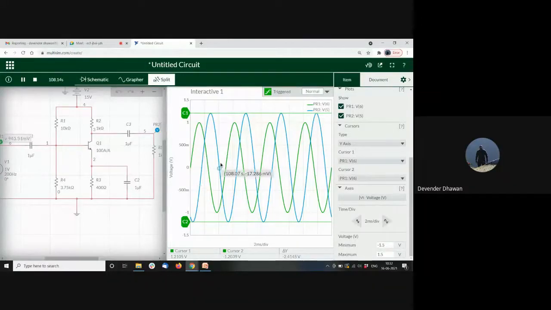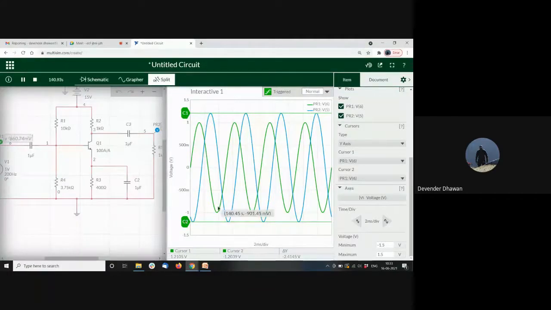So now my voice is also proper, and you can see that the clipped part and the DC offset which was in the output is removed. The DC offset we removed by putting this capacitor here, and the clipping we reduced by changing the R4 value.